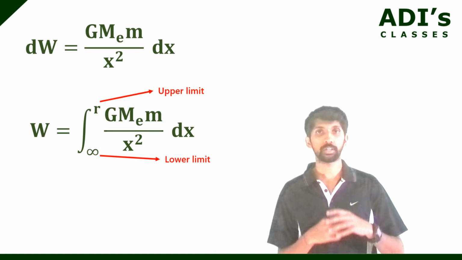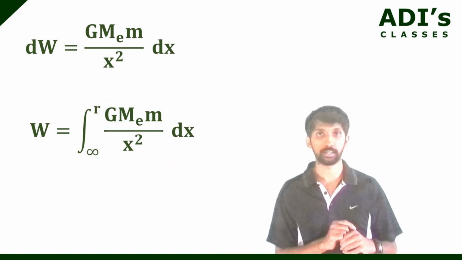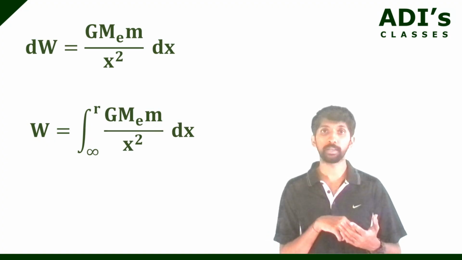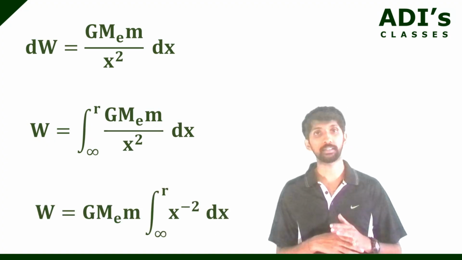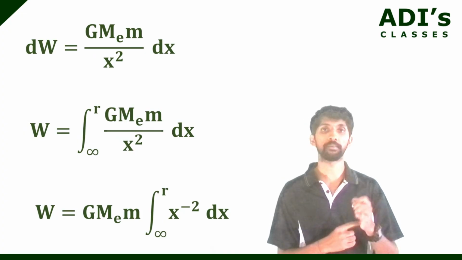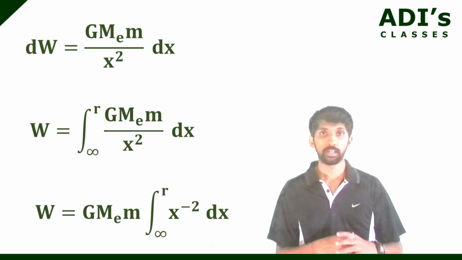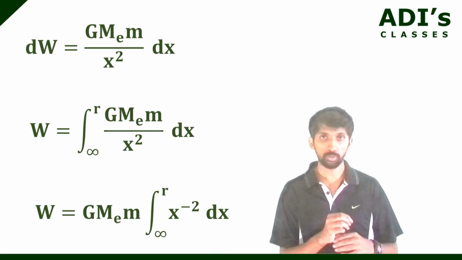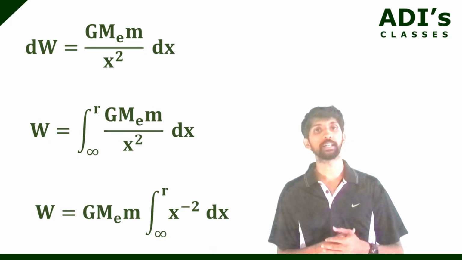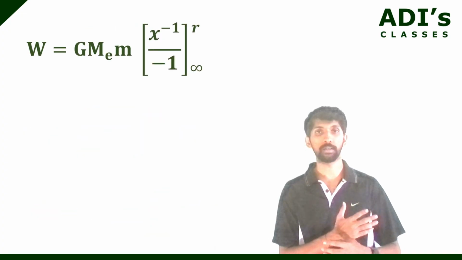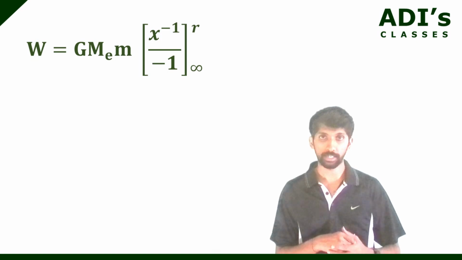Look, dx is there and x squared is there. G, Me and m are constants, so we can take them outside the integral sign. We have G Me m times the integral from r to infinity of x to the power of minus 2 dx. When we integrate this, we get G Me m times x to the power minus 1 divided by minus 1, from r to infinity.